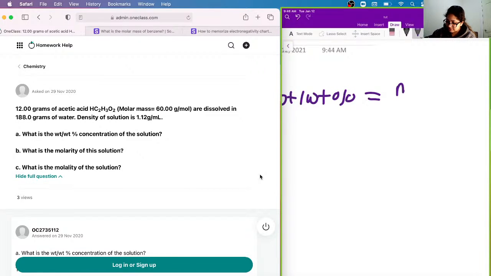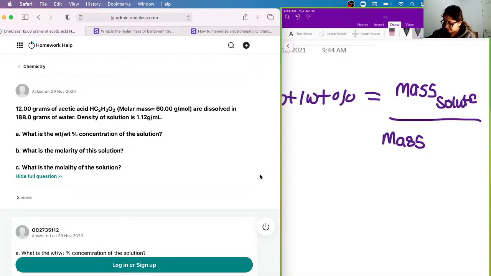So you say mass of your solute over the mass of your solution, and you multiply this by 100.